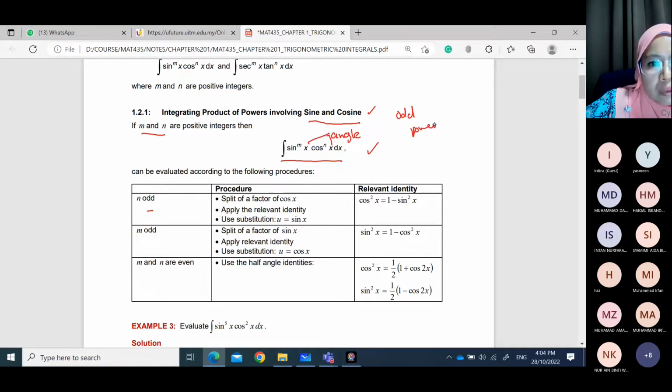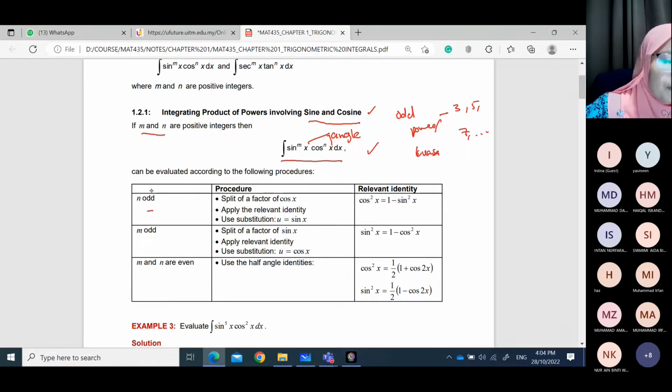Odd power adalah power yang ganjil. Contohnya power kuasa 3. Okay. Kuasa 3, kuasa 5, kuasa 7 dan sebagainya. Okay. Kuasa yang ganjil. So, bila kita jumpa kuasa yang ganjil, tak kira sama ada sine ataupun cosine, yang itu yang you kena faktorkan. Okay.